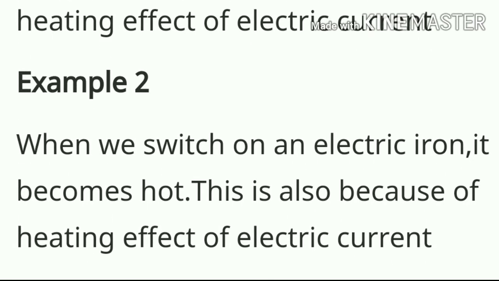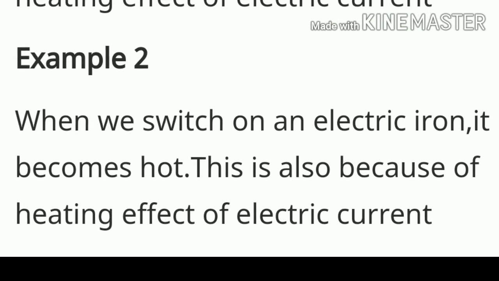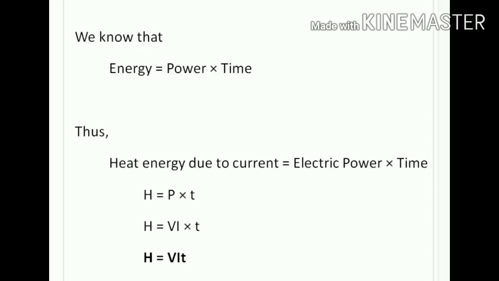Now let us look into the formula for this heating effect of electric current. It is given by energy is equal to power into time. In the symbolic form, we write it as H = P × T. H stands for heat energy, P represents the power, and T stands for time.